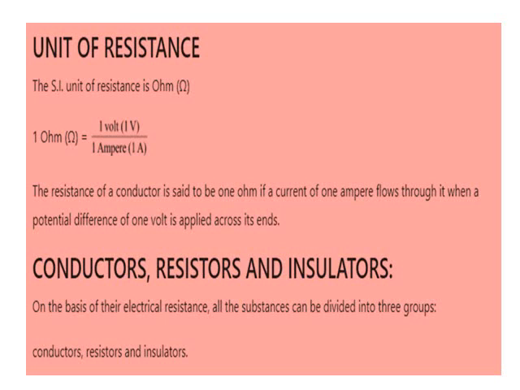Right? Now let us see the conductors, resistors and insulators. On the basis of the electrical resistance, all the substances can be divided into 3 groups. They are conductors, resistors and insulators.